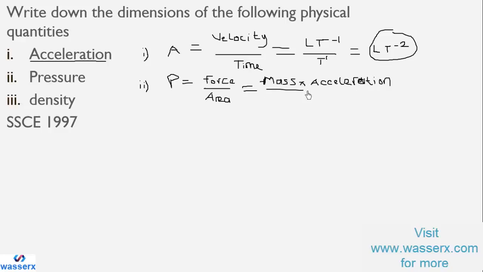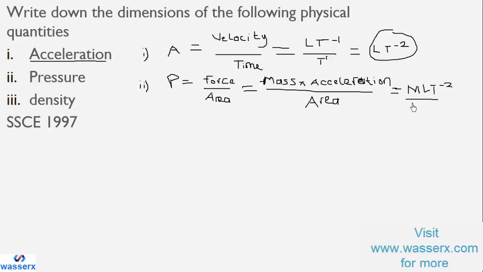Then we have area over here. Mass is already a basic quantity. Then we've realized that acceleration is length per time squared, over area.